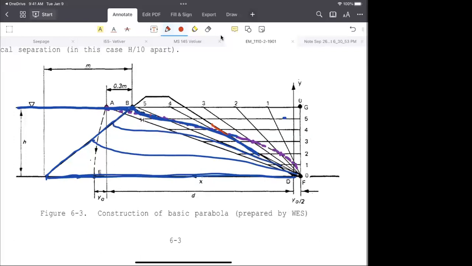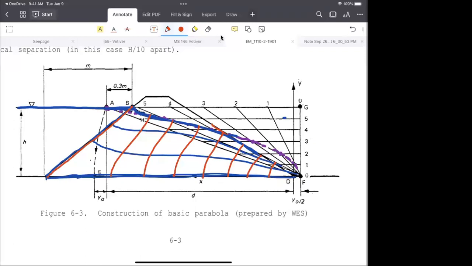Our flow lines should be perpendicular, right? Like this. So our equipotential lines are, this one is also equipotential, right? Correct?